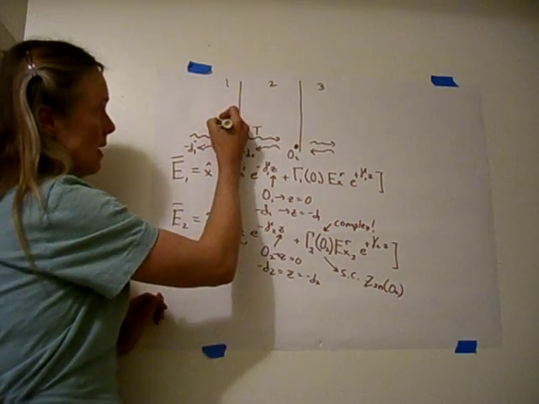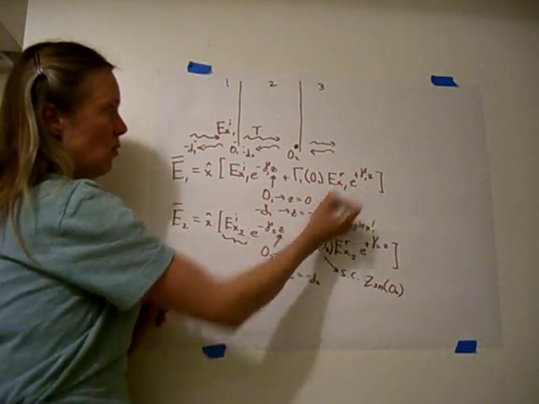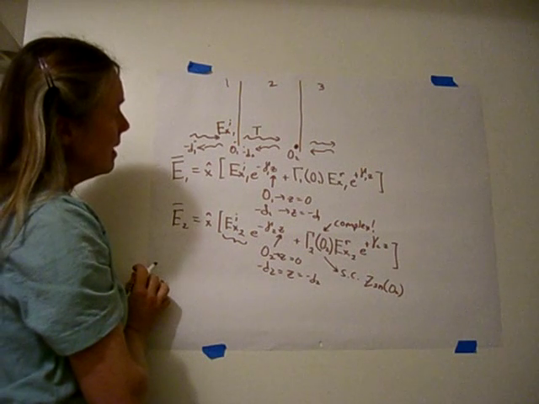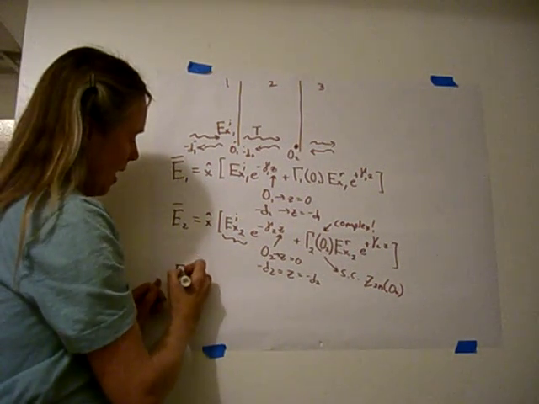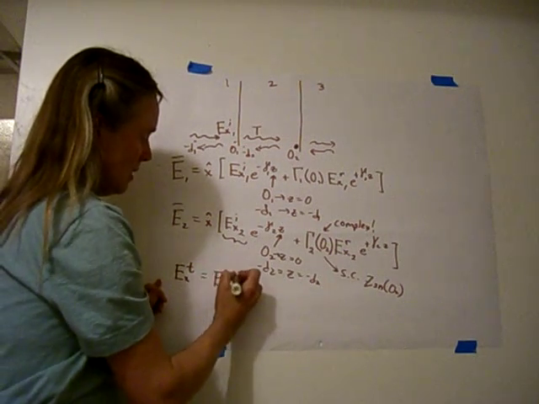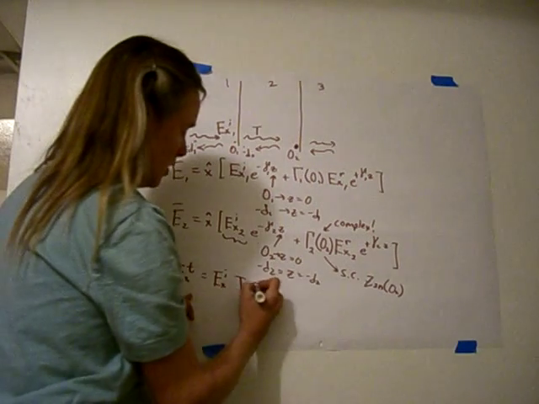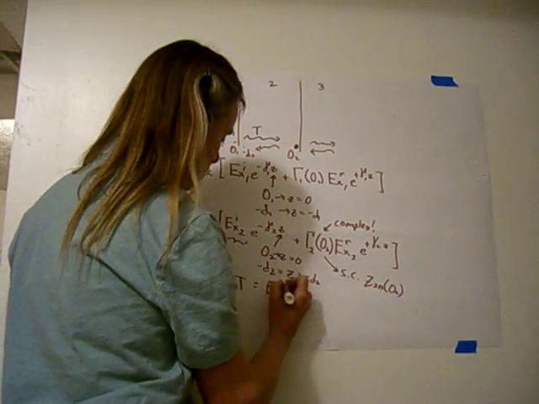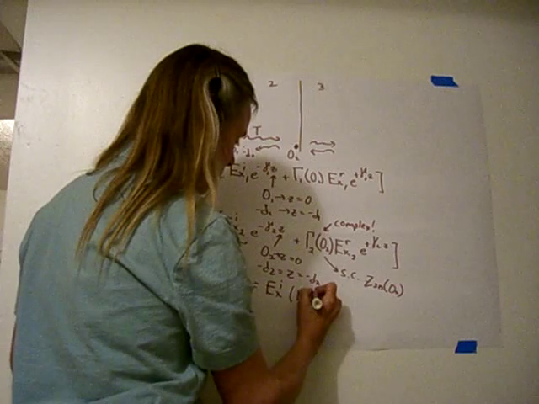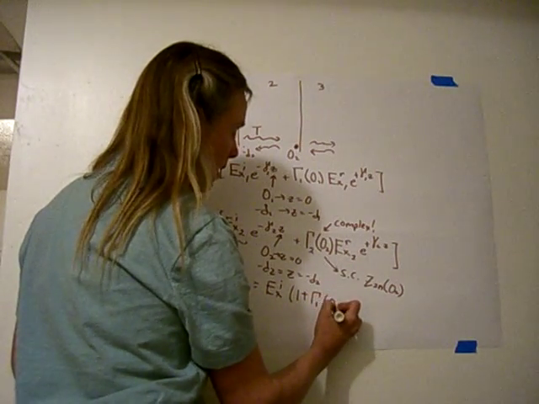Now here is the only value that I'm particularly concerned about. Right here we can see that we have an Ex incident in region number 1. Let's put region number 1s there just to be more precise. We know that Ex transmitted is equal to Ex incident times this transmission coefficient. The transmission coefficient is 1 plus the reflection coefficient. And in that place, the reflection coefficient is gamma 1 at O1.